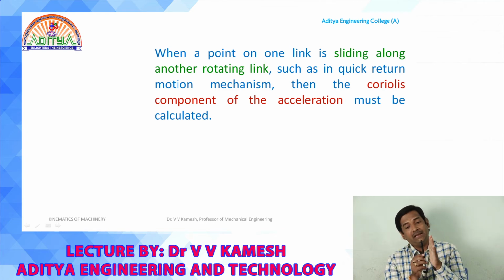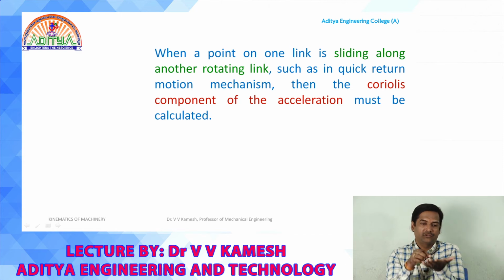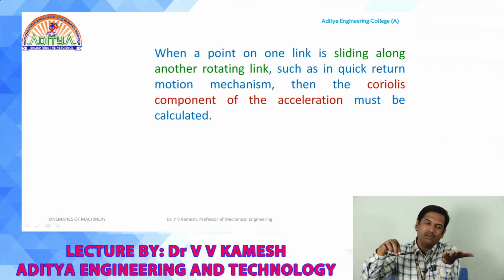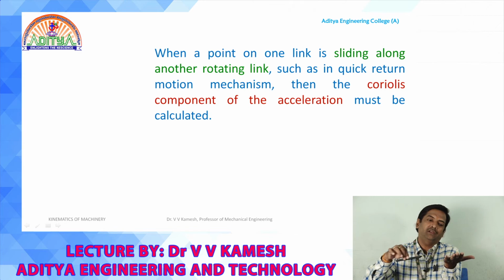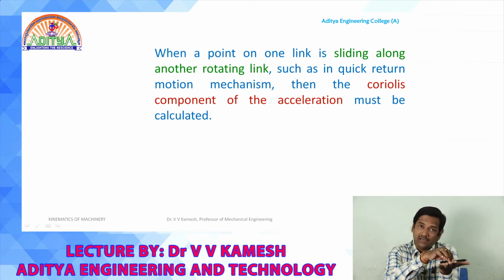But when a slider is moving in a rotating frame, the situation is different. When the slider moves in a fixed frame, the absolute velocity and acceleration will be in the same direction. The radial component will become the absolute component. So, this will be the velocity of this particular slider, and the acceleration of the slider will have the same direction.